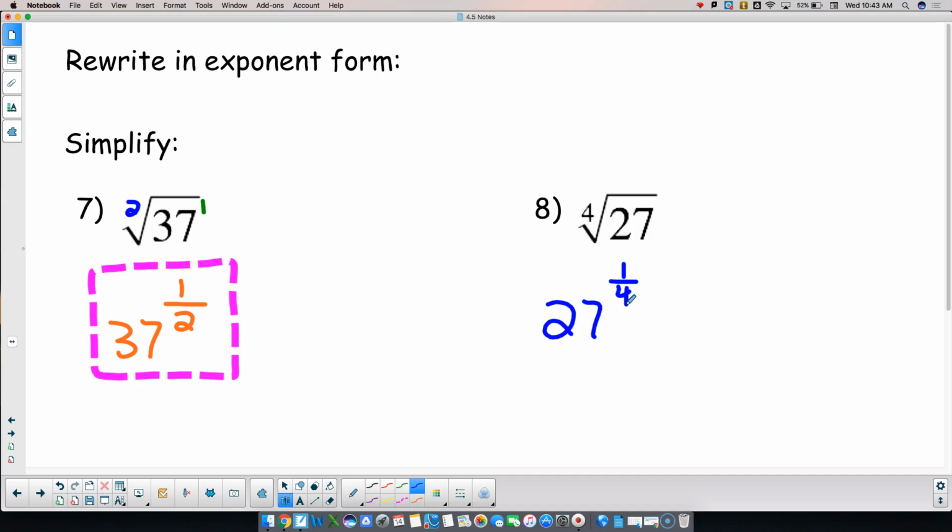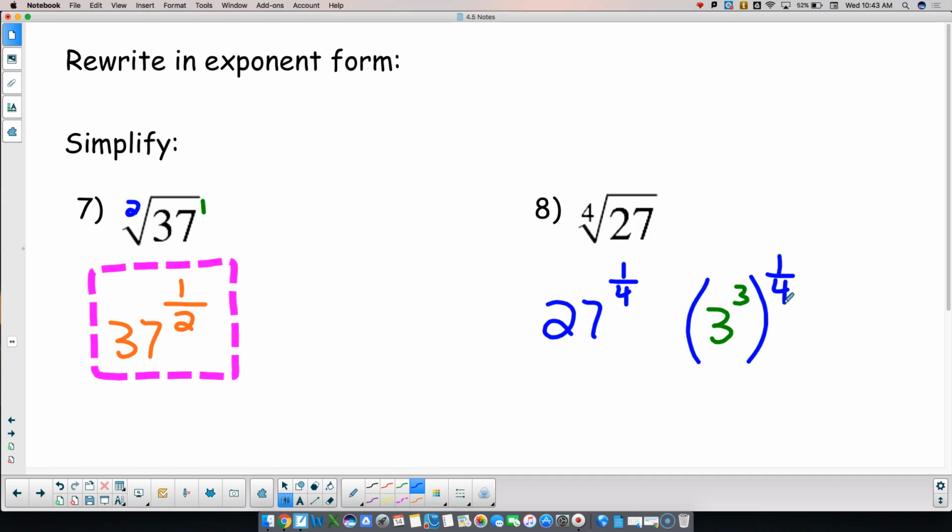I want 27 to the 1/4 power. Does 27 show up anywhere else? It's a perfect cube, right? It's a cube of what? 3. So this is really 3 cubed to the 1/4 power.